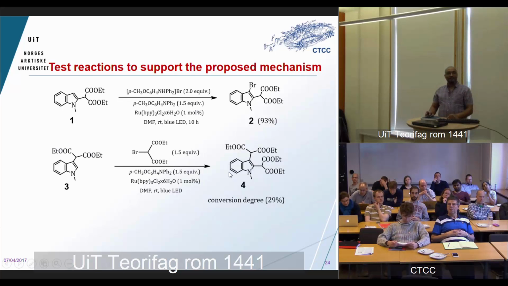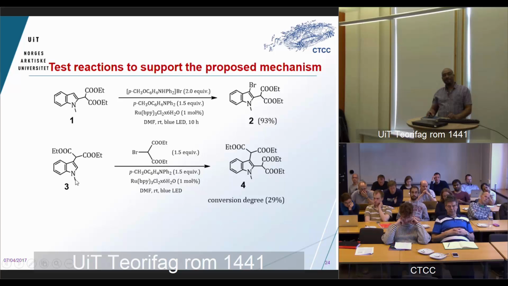And the second one is using compound 3, with the same reaction condition like the photocatalysis one, or the general reaction procedure, and it forms 29% of compound 4. So this indicates that this one is performing in reaction path A, and this one is performing in reaction path B.